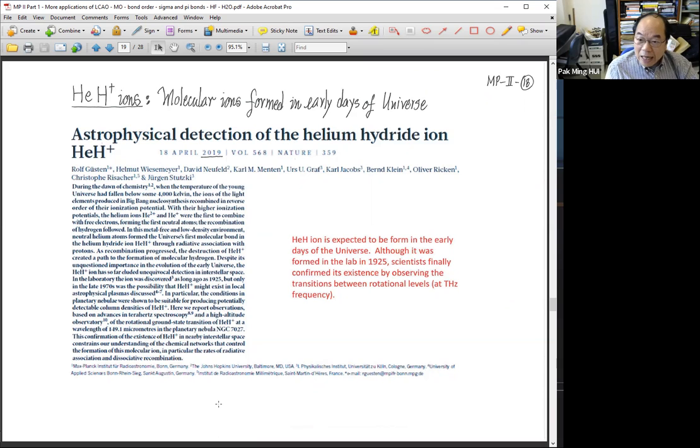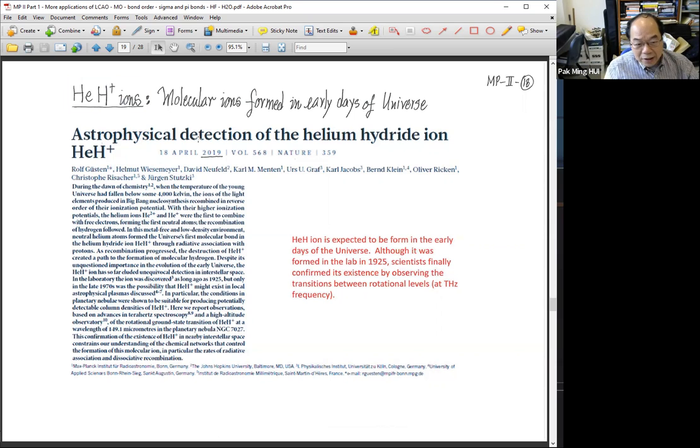So we know that the environment in the early universe is most suitable for forming hydrogen and helium nuclei and atoms. Therefore, it has been a long journey to look for experimental or observational evidence of helium hydride ions out there in the dust, okay?